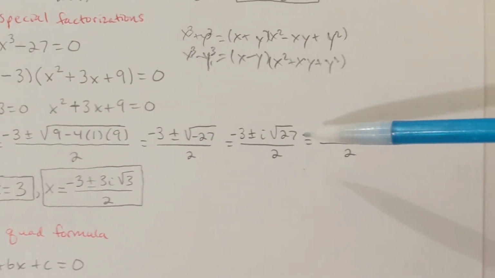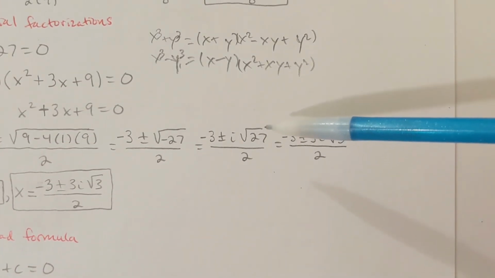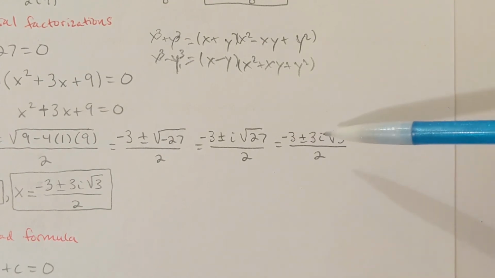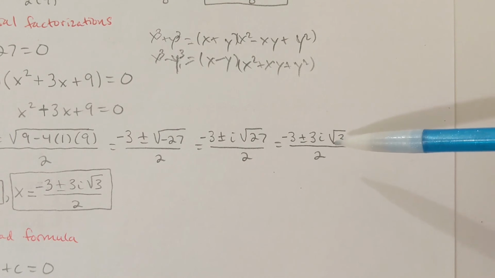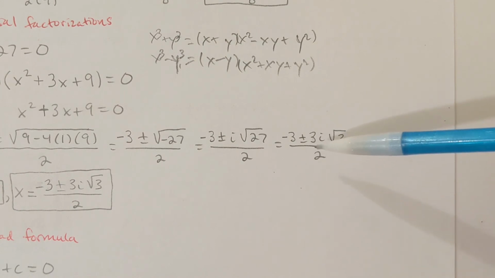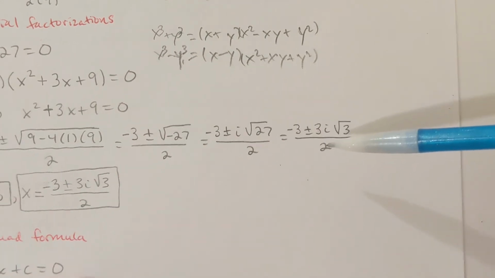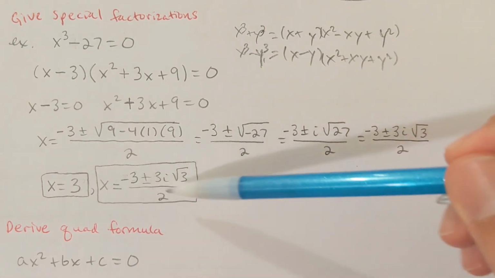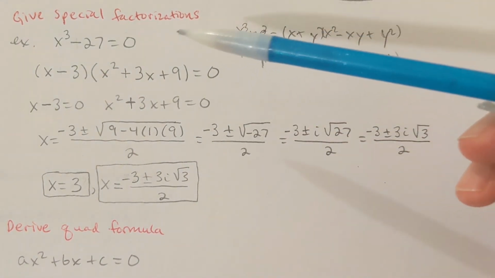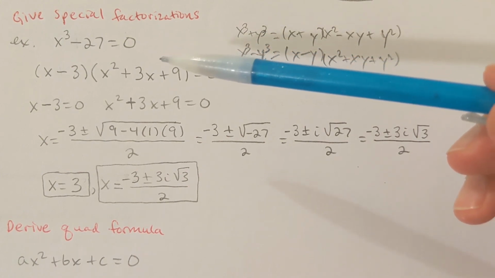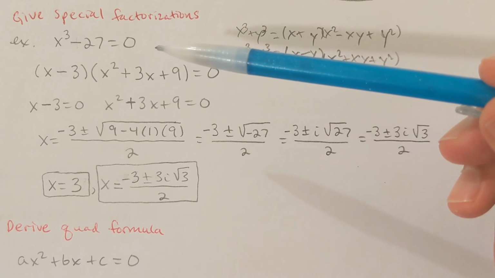Square root of negative 27, well, that's the same as i root 27. And root 27, that's the same as 3 root 3. Okay, so negative 3 plus or minus 3i root 3 all over 2 is what I get. Okay, now these three numbers are the solutions to the equation x cubed minus 27 equals 0.